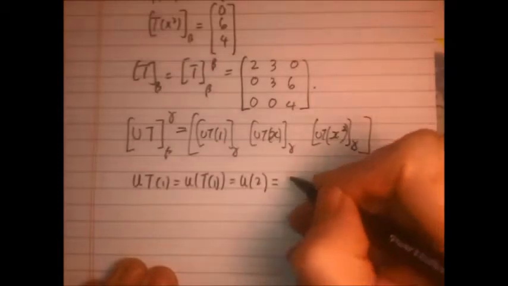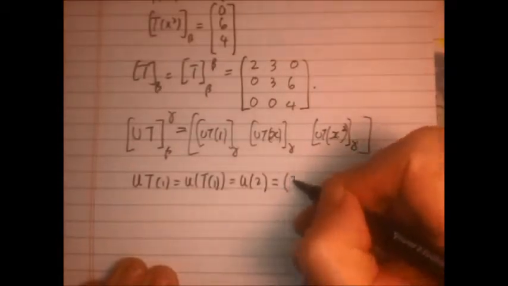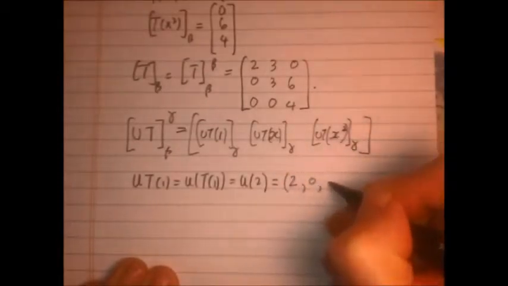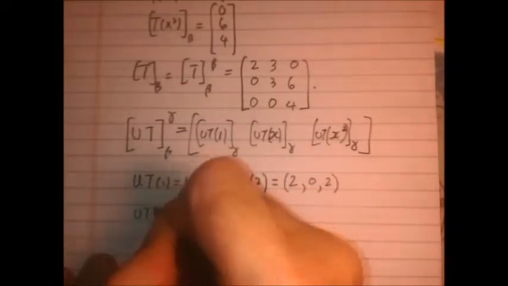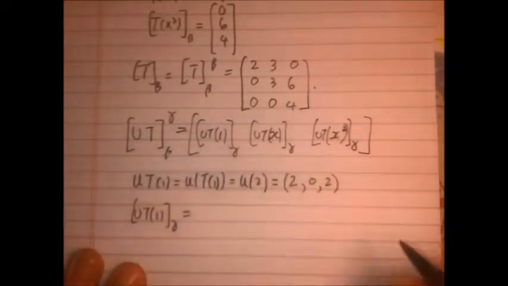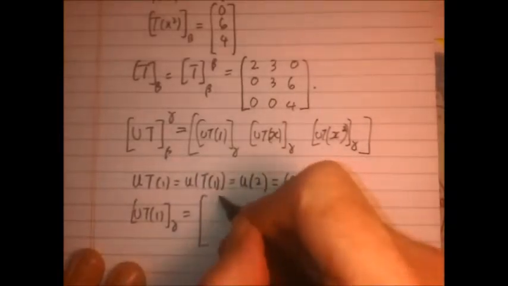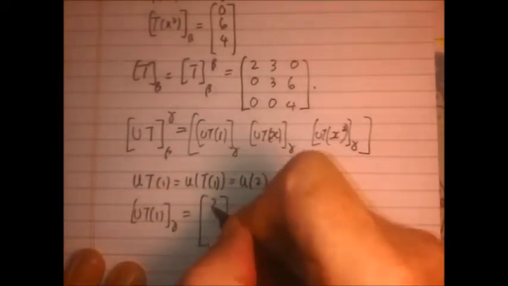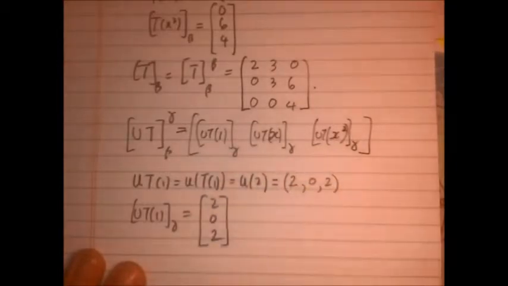So for U of 2, we go back to our original formula for U and put a equal to 2, b equal to 0, and c equal to 0, and that will give us the vector 2, 0, 2. Okay, and that means in terms of the standard basis of R3, the components will be 2, 0, 2.